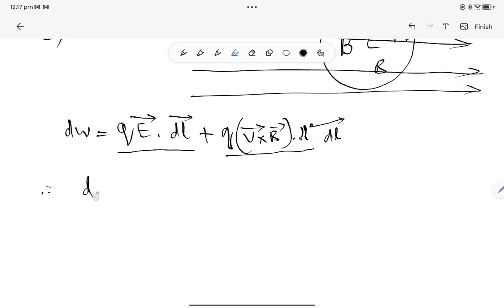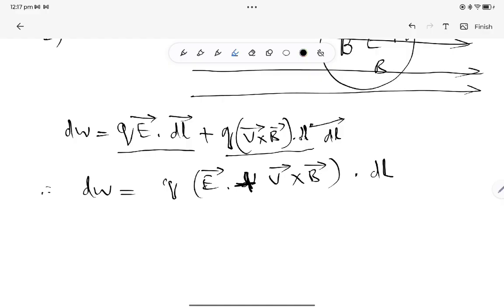Therefore, we can write dW is equal to Q. We can take that common: E dot dl plus V cross B dot dl.